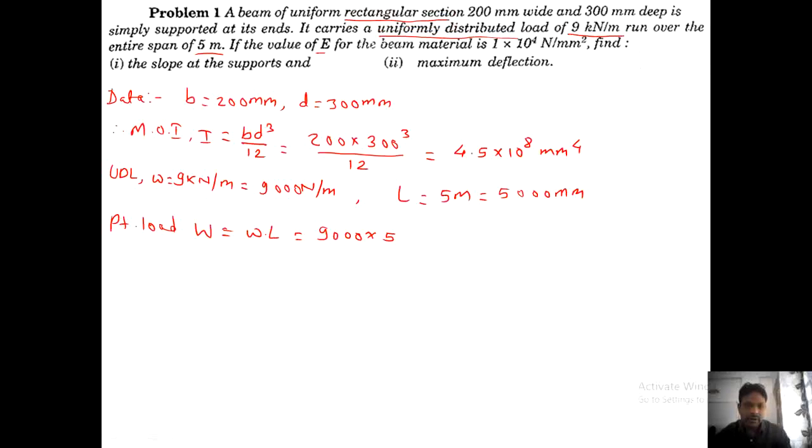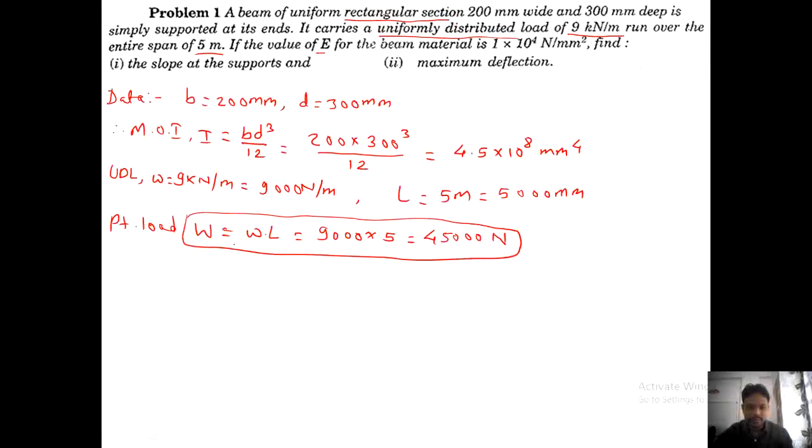See here, I have taken small w in Newton per meter and length is also taken in meter, so per meter and meter get cancelled. So W we got as 9000 into 5, that is 45,000 Newton. So we have calculated here load or point load, which will be useful in our formulas.